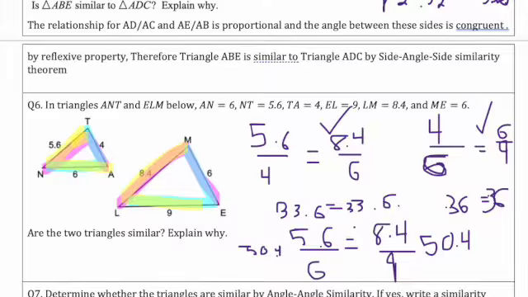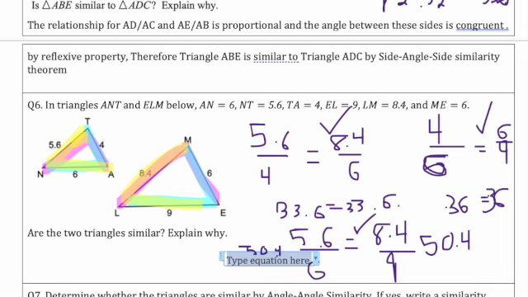Okay, so we have side, side, side is proportional to side, side, side. I like writing this as a fraction because there's so many of them here. So let me see if I can do that.